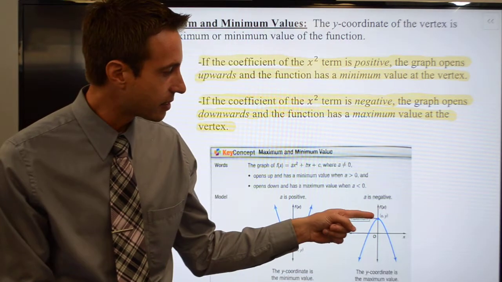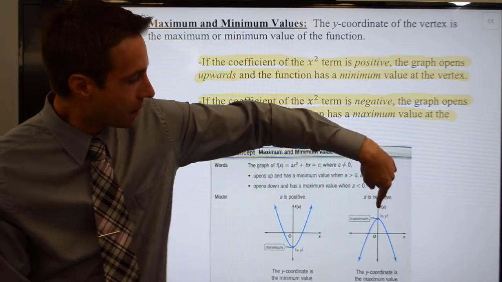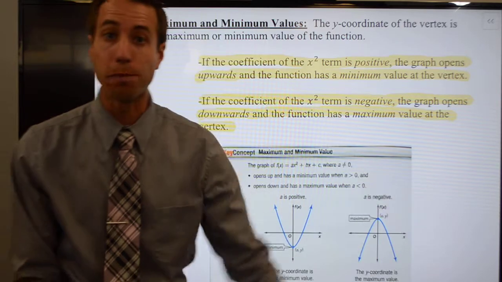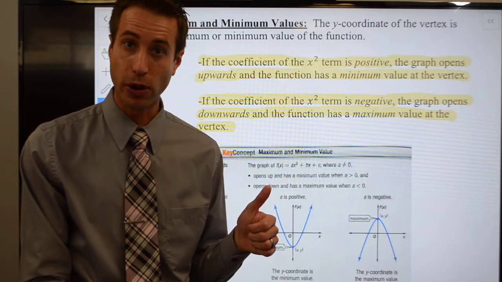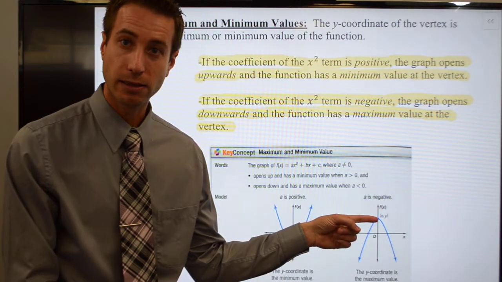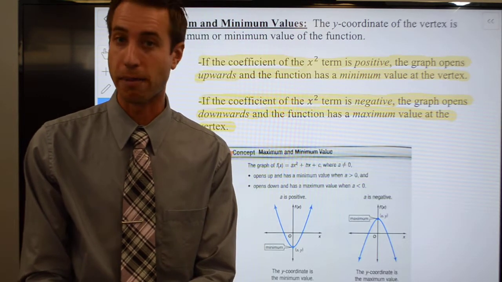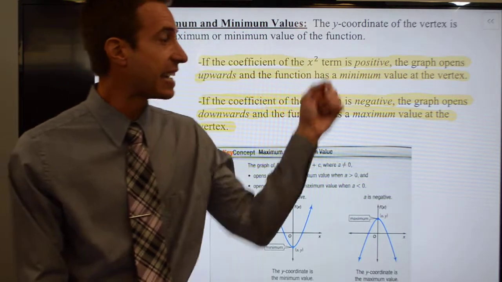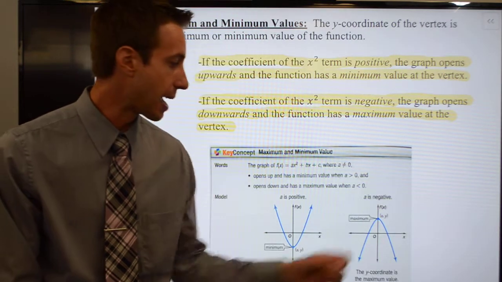If my vertex is up here, and my leading coefficient, my a, is negative, from that vertex, my parabola is going to open down. That makes my vertex the highest point. There are no points above my vertex. Since that's the highest point, it makes it the maximum point on my graph. So, if a is negative, your vertex will be a maximum.